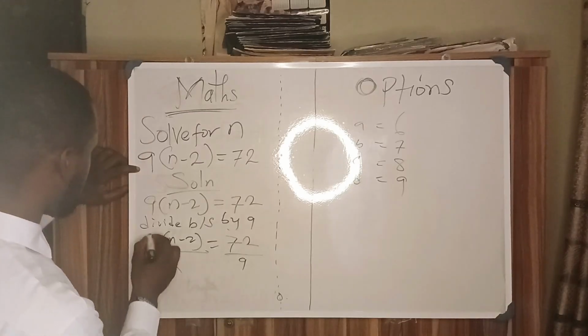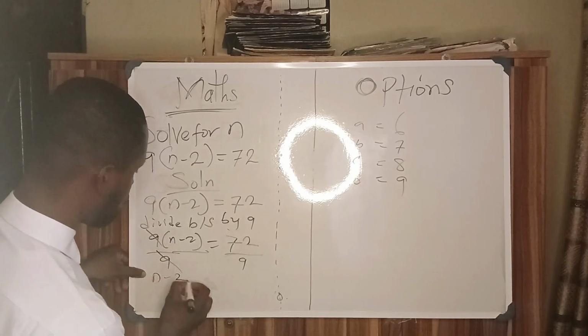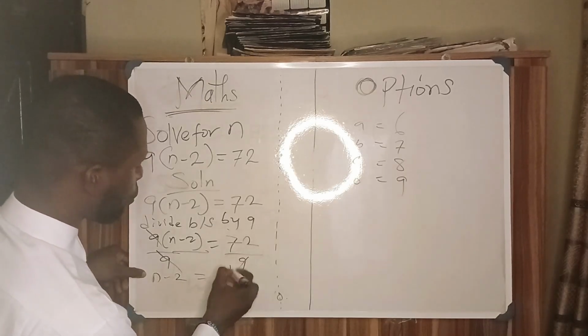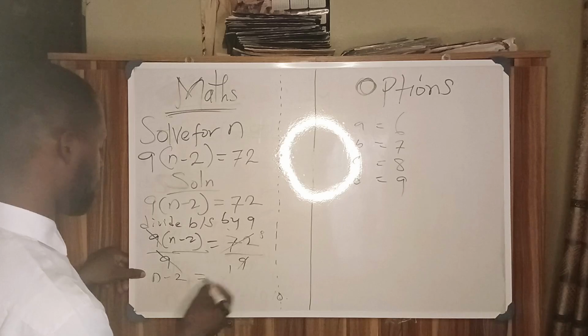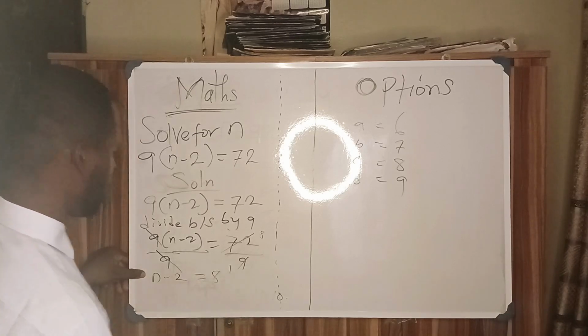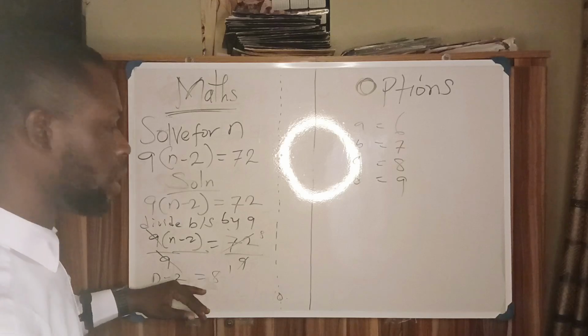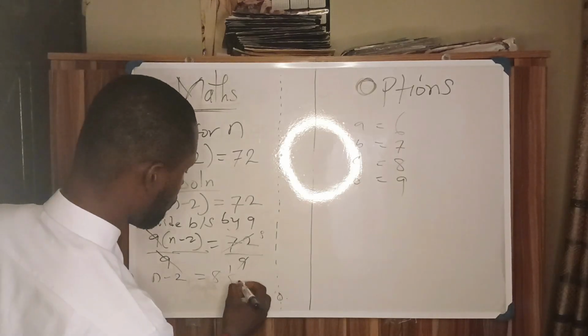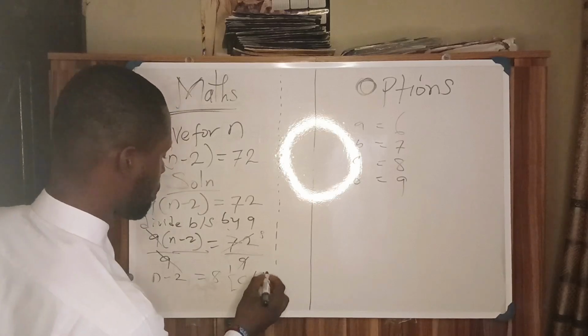So 9 cancels 9, and we will be left with n minus 2, 9 going into itself once, and 9 going into 72 gives 8. So automatically we are going to have 8 here. It's simpler now. We collect like terms.